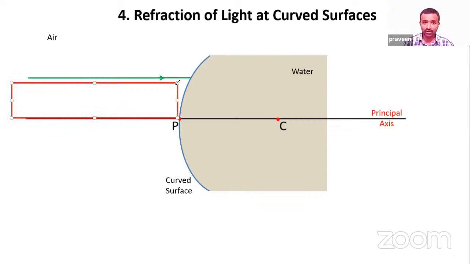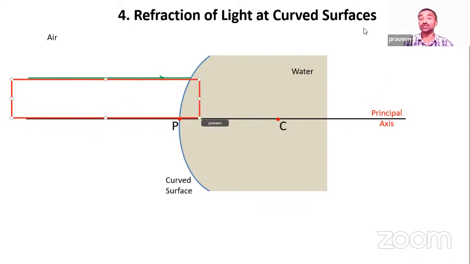So I got it. Exactly, it is parallel to the principal axis, just using the width of the scale. Nothing to worry, drawing a parallel line is very easy using the width of the scale. Then what happens?